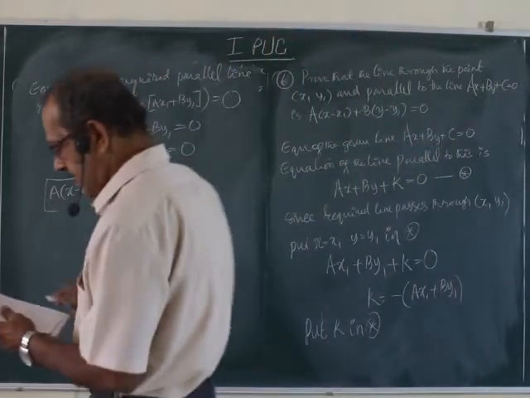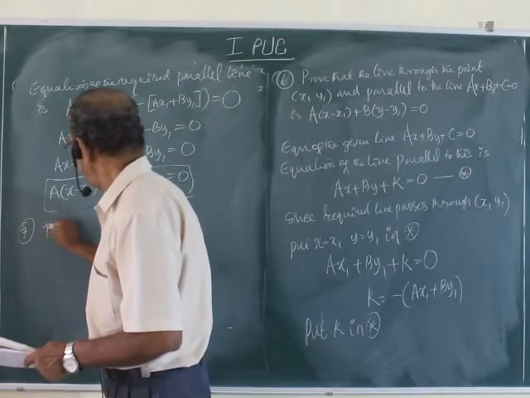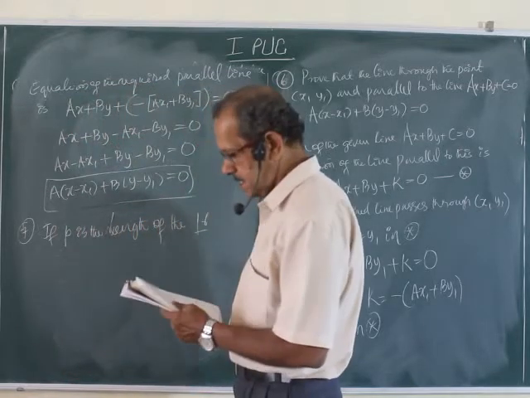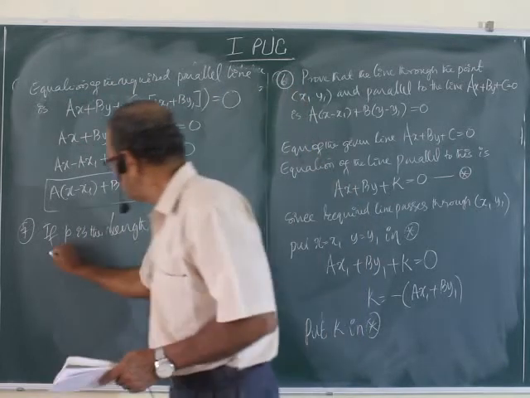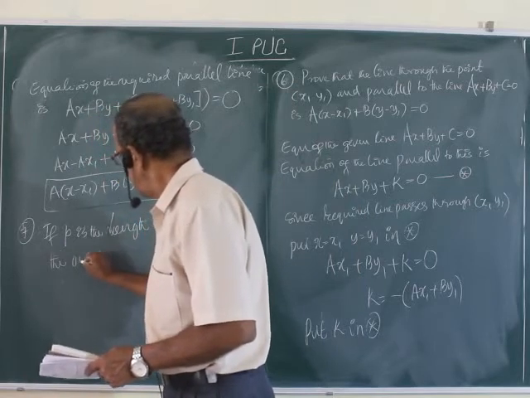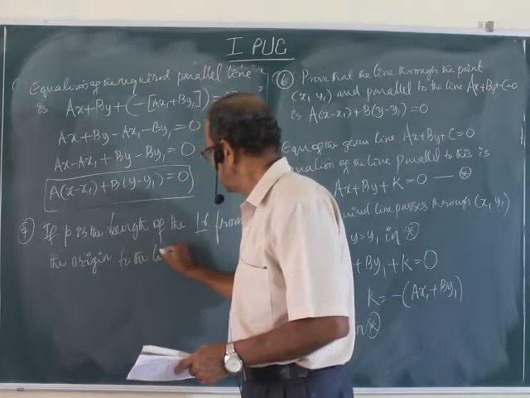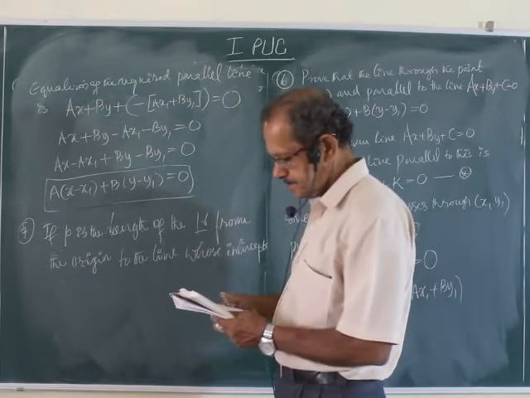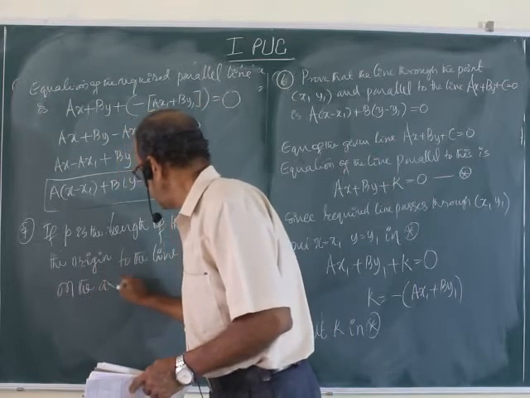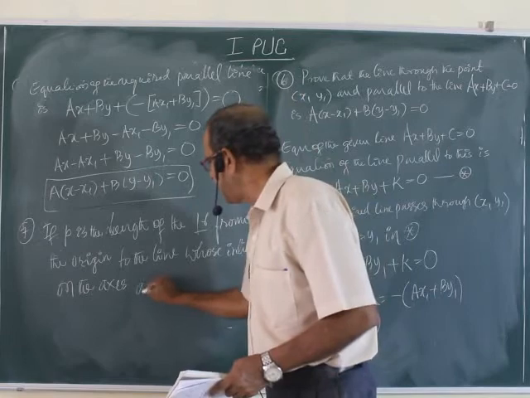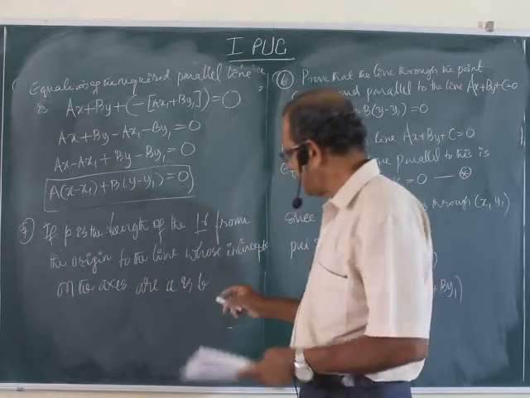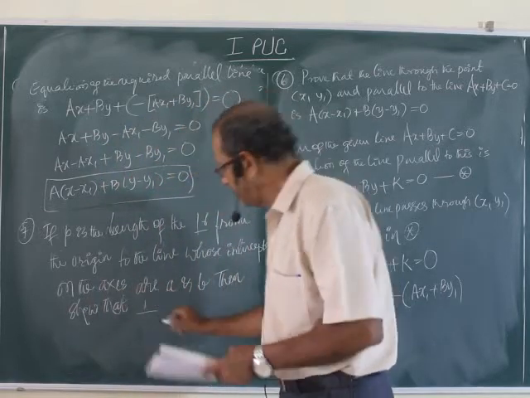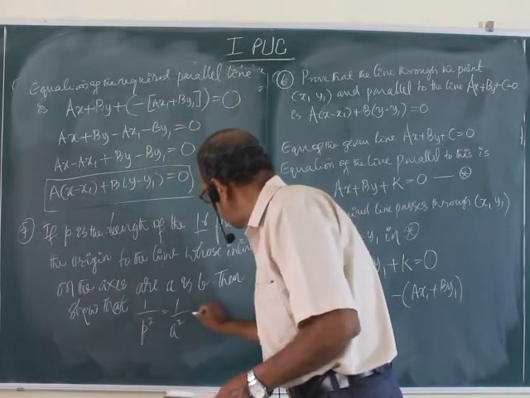One more problem. If P is the length of the perpendicular from the origin to the line whose intercepts on the axes are A and B, then show that 1 by P square equal to 1 by A square plus 1 by B square.